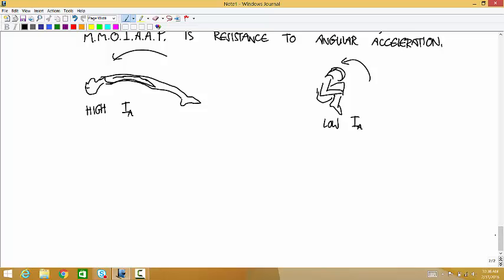Mathematically, what it depends on is how far the mass is distributed from the about point, that A that we're calculating this about.